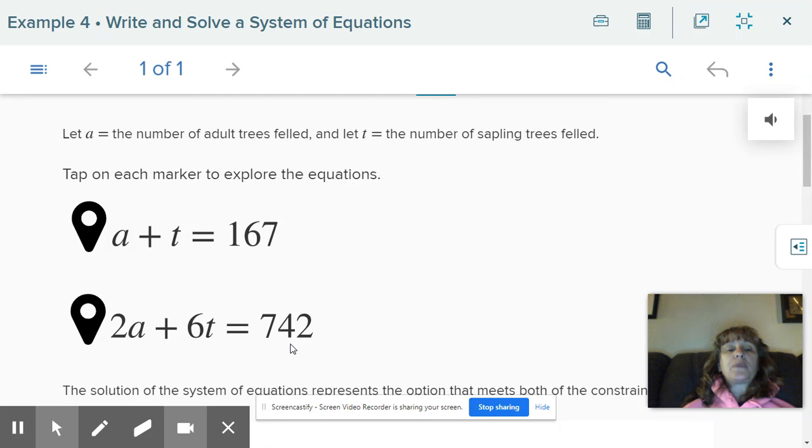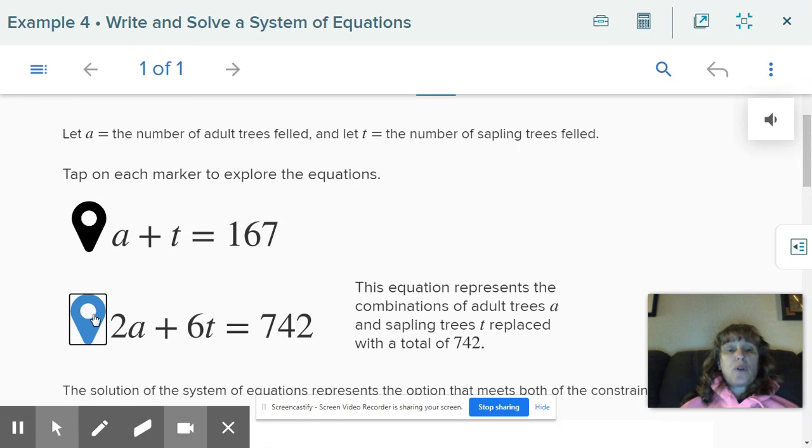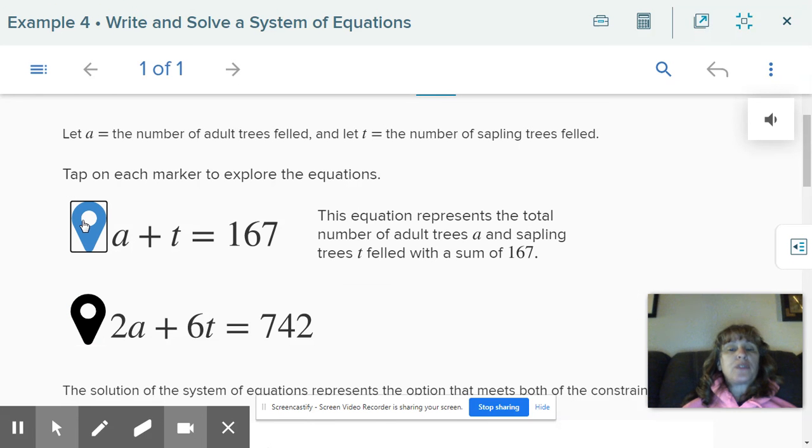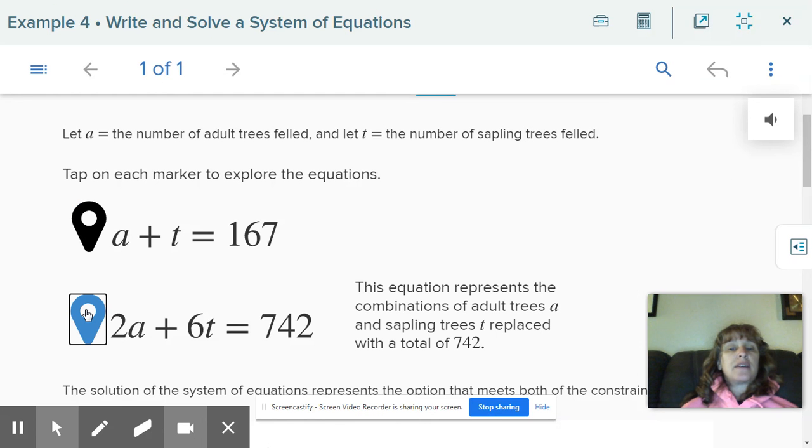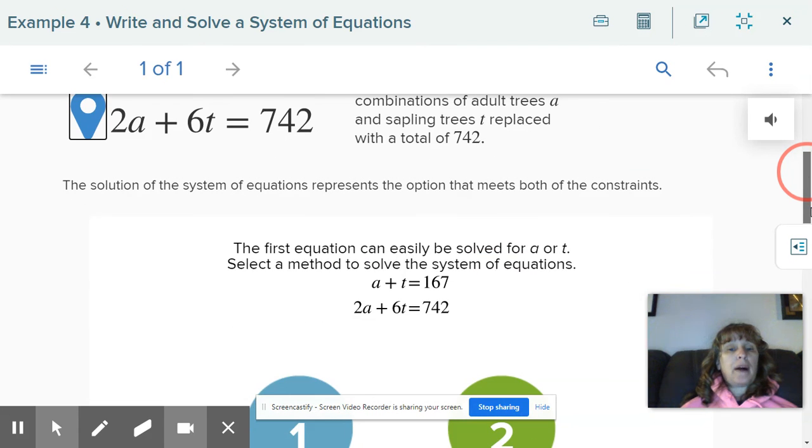And what they did was they replaced them with 742 trees total. So hopefully that makes sense. This equation represents the total of adult trees and saplings felled, and this represents how they were replaced. And you got all of that information from your word problem above.